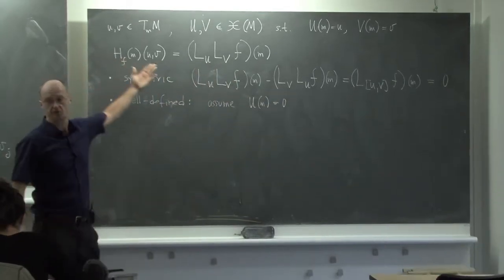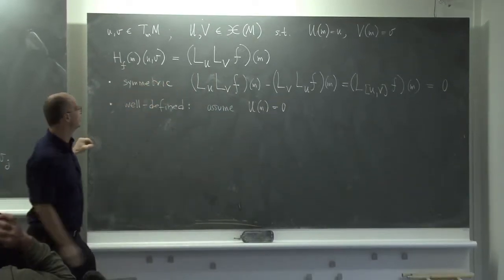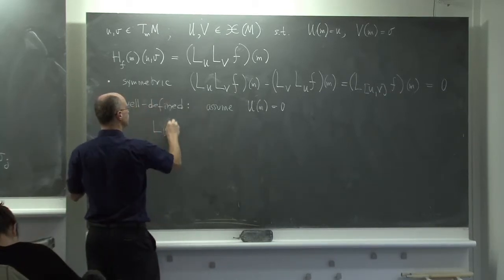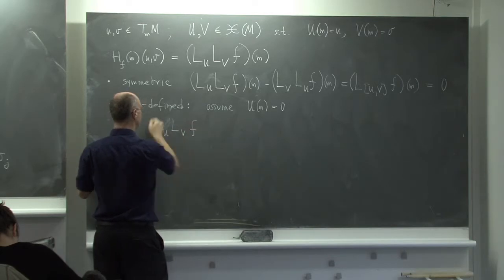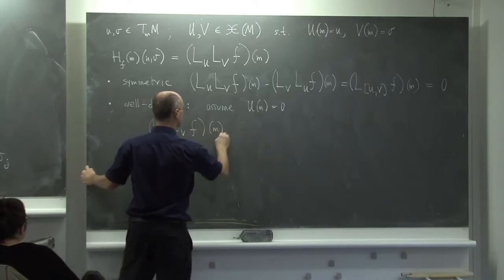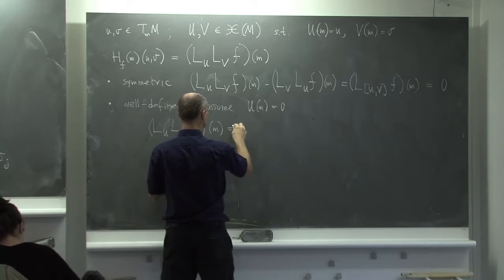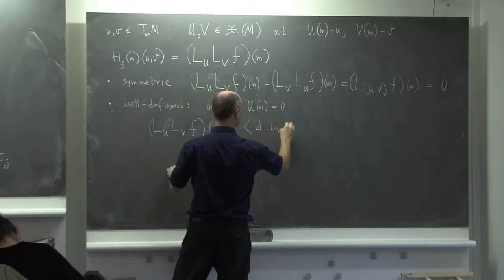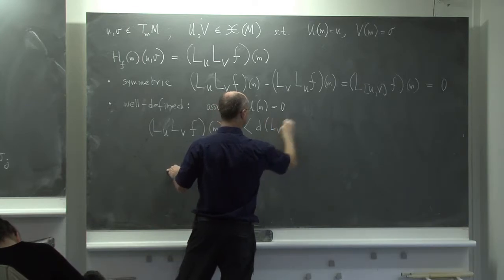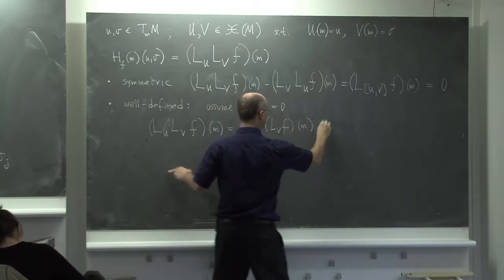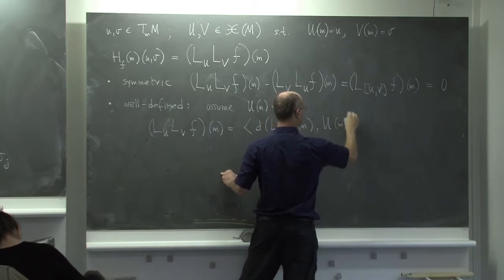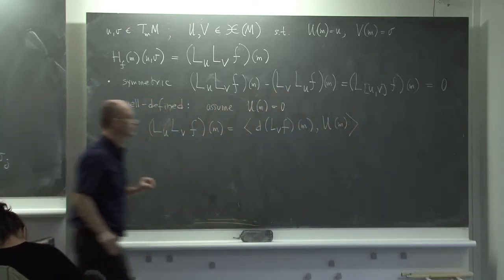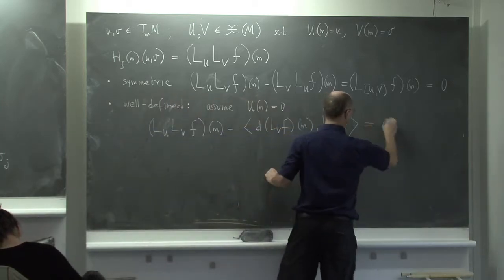So assume that one of the vector fields vanishes at that point. Then L_U L_V f of M will be d(L_V f) of M paired with U of M, and this is 0, right?